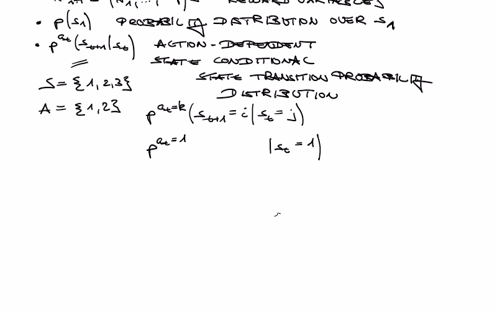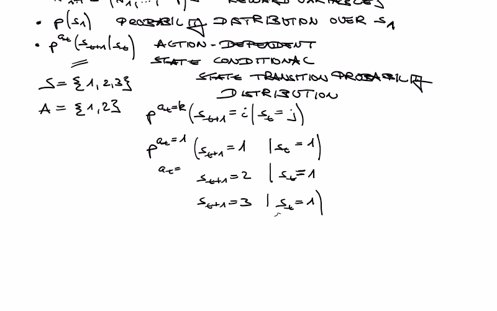At time t plus 1, the state can be 1, it can also be 2, and it can also be 3, all for the case that the state at time t is 1, and the action at time t is 1.